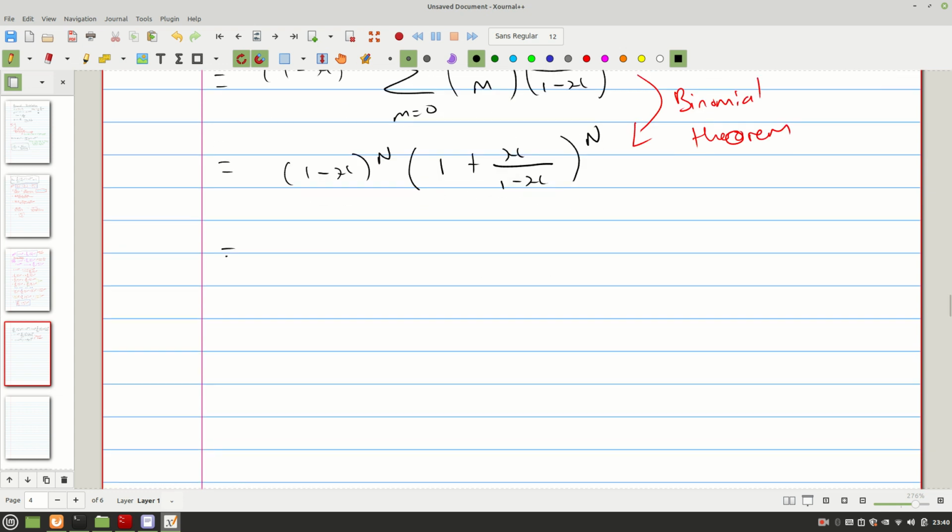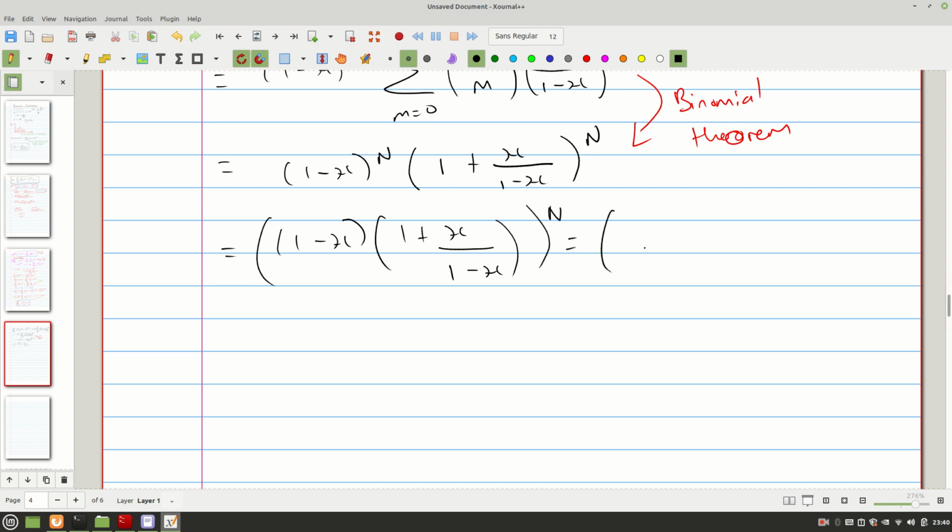Okay, so let's simplify this. If we simplify this, we end up with 1 minus mu times 1 plus mu over 1 minus mu, to the n, which is equal to, let's expand these terms out, 1 minus mu plus mu over 1 minus mu times 1 minus mu, to the n.